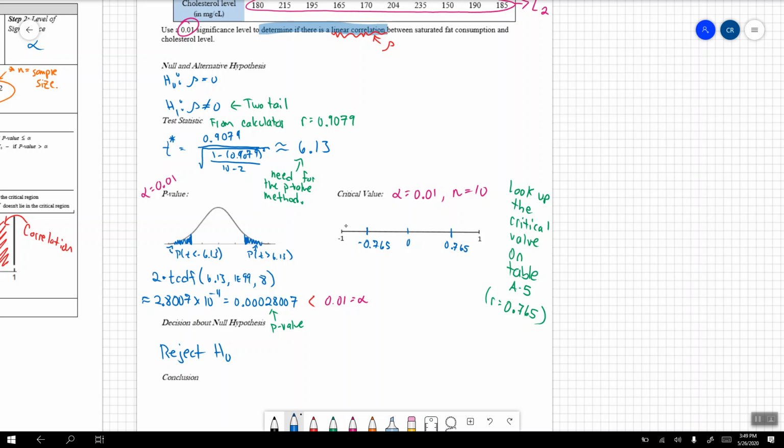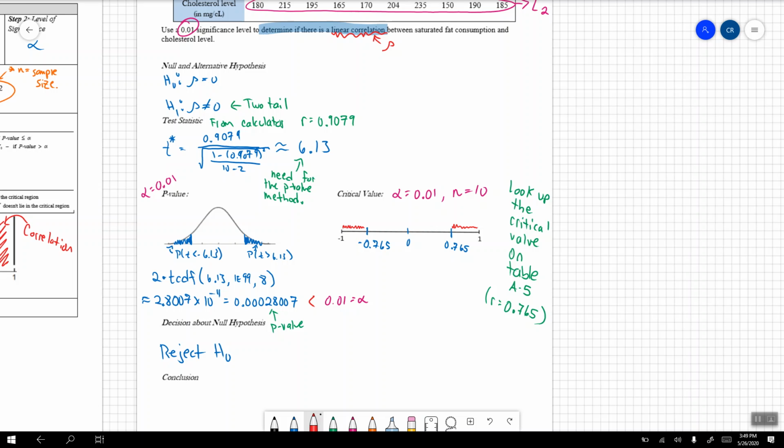And remember, anything that falls within this region here and anything that falls within this region is going to be considered the friend zone. In other words, we're going to reject because there is enough information to support that there is a correlation.